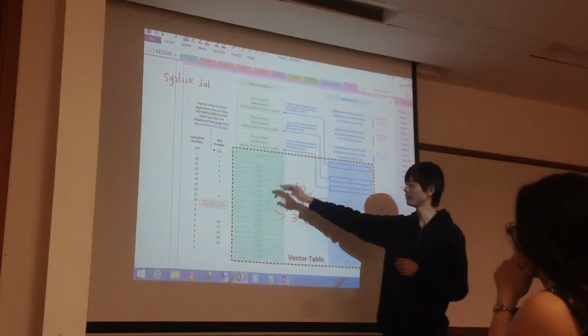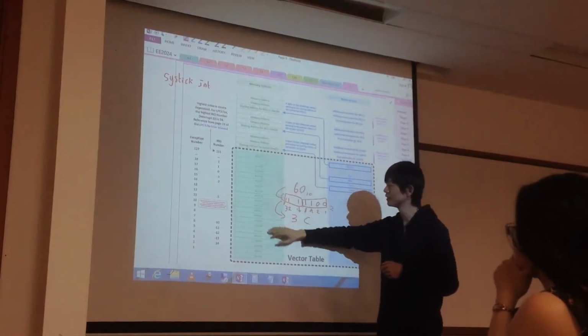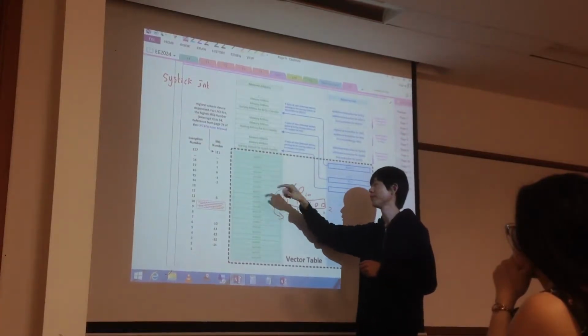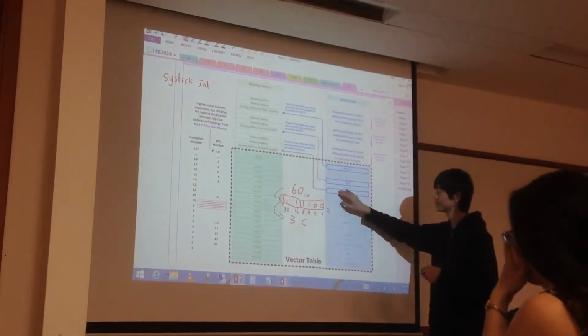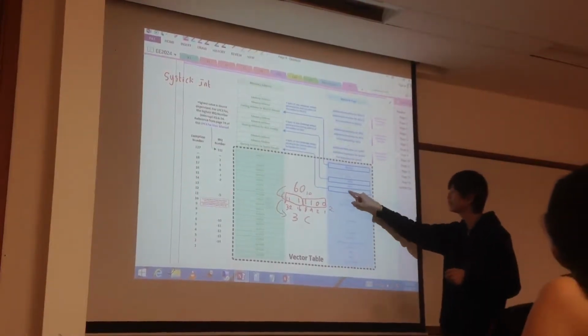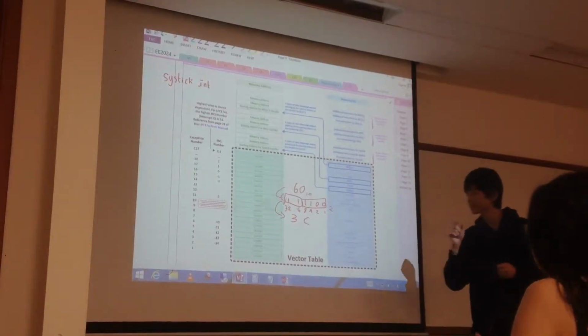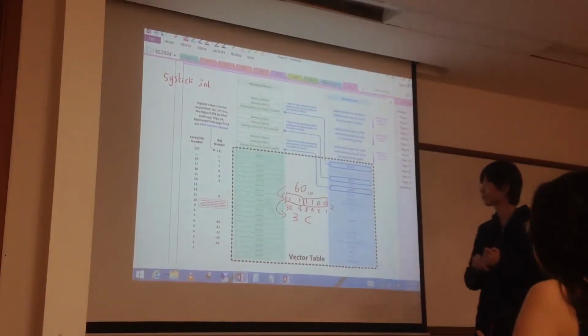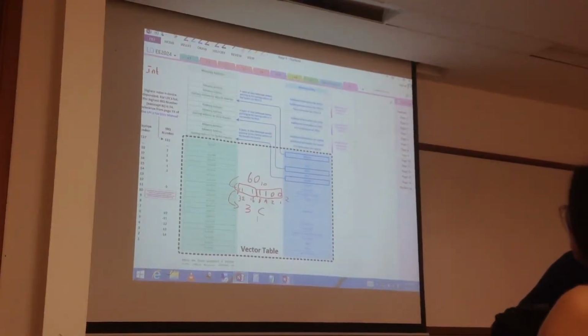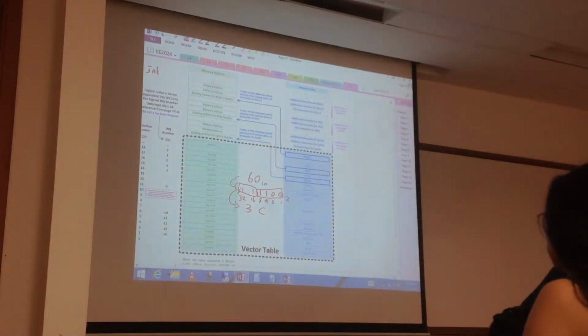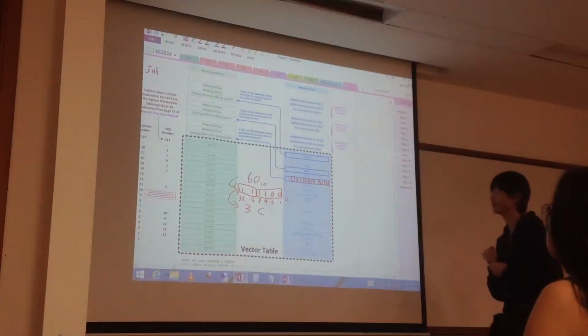So I will look at the address 3C. Where is 3C? So 3C is here. 3C tells me this is SysTick. Actually, the thing that it tells you here is the starting address for the SysTick handler. So maybe it tells you the starting address for the SysTick handler is, let's say, 0x102ABCDE. For example, so it tells you this is the starting address of SysTick.